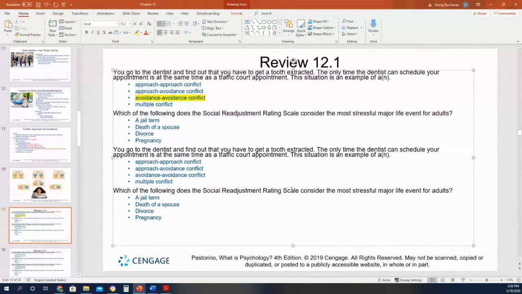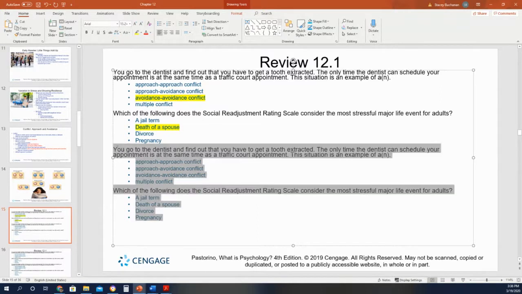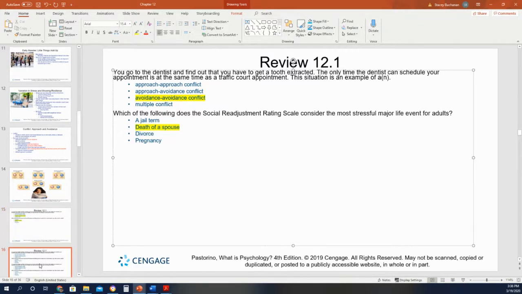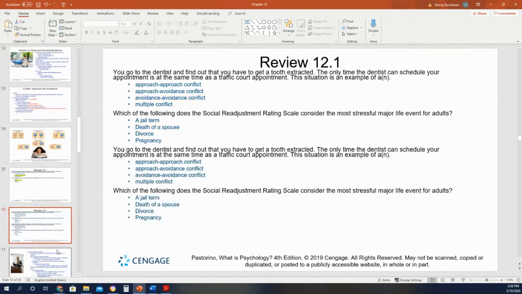So that'd be avoidance. And then which of the following does the social readjustment rating scale consider the most stressful life event for adults? Death of a spouse. 100 life change units, so the highest you can get. I don't know why, but it copied these twice, so ignore. So that is section 1.